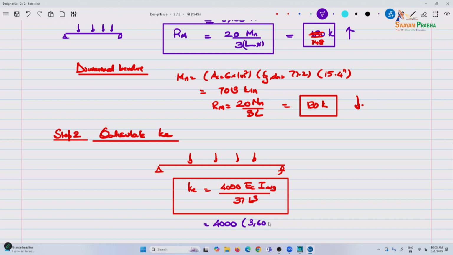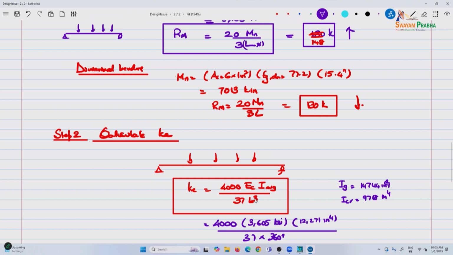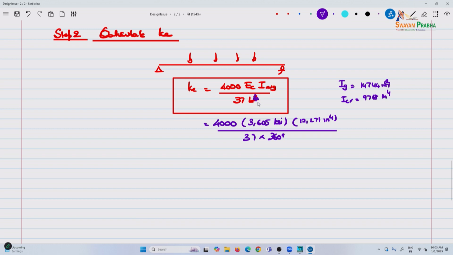For concrete, Ec is typically around 3,600. The I average was based on Ig equal to 14,744 and I critical 9,768, so this comes to 12,271. It is L to the power 3 because we are given point loads, not a distributed load. So it comes to 102 kips per inch.